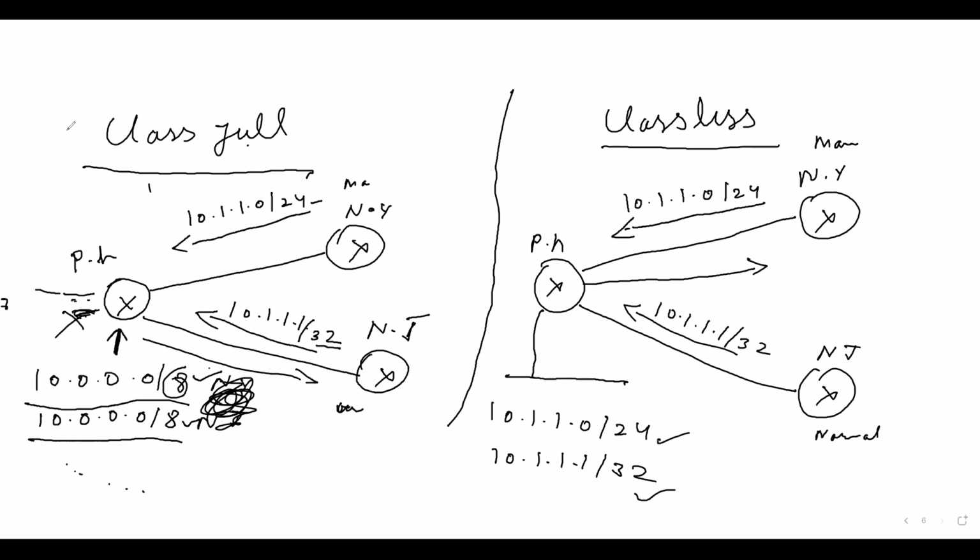So we improved. First we made the classful routing protocol and applied it. Then we saw there were multiple loopholes and problems, so we improved. In networking, it happens.